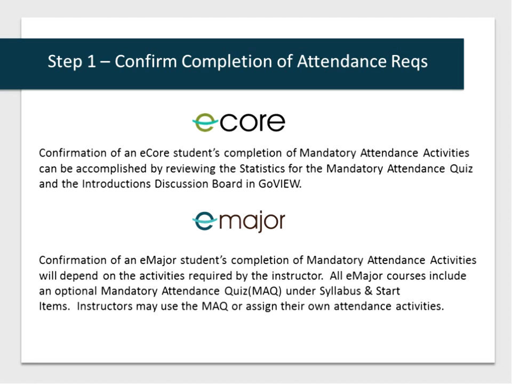Myself, I use Quiz 1 for my college algebra class because I know students should have that done, and I use that as a tool if I need it. So basically, eCore is the attendance quiz and the introduction. Now you notice down here at the bottom we have some information about eMajor. So if you're an eMajor faculty member, you can look at that and get what you need there. So that's important.